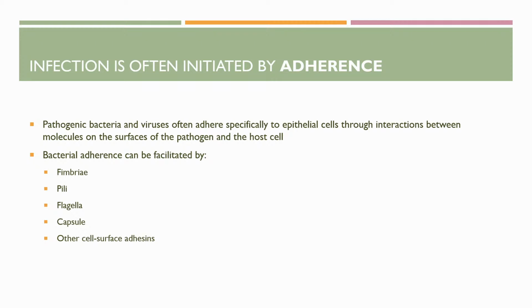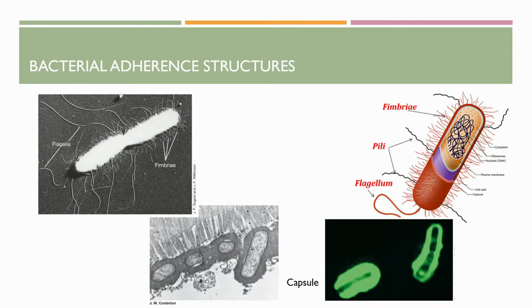We talked about pili, the little hairs on bacteria that are involved in adherence. The flagella are also involved in adherence. There's capsules. There's other cell surface adherence. So bacteria have a lot of things on their surface that can help them adhere. Here are pictures showing you flagella. These are pili and fimbriae, kind of similar. Pili are just these longer ones. The fimbriae are the smaller, thinner hairs.